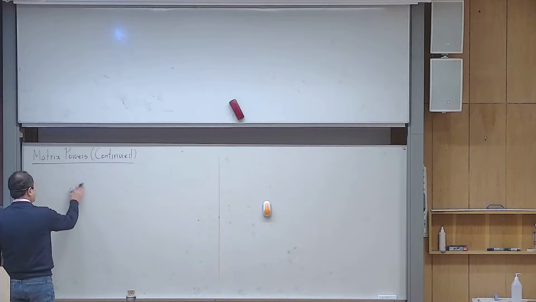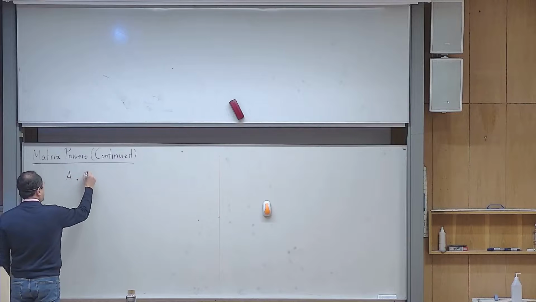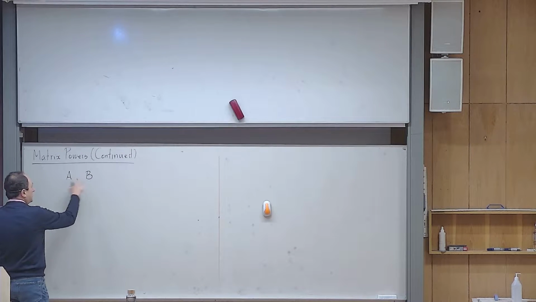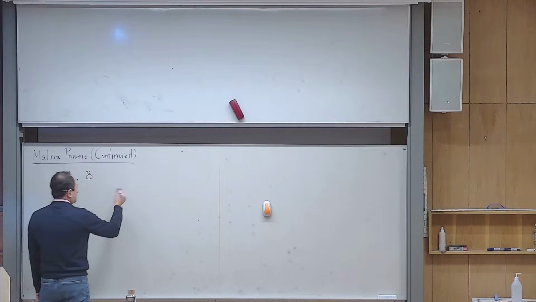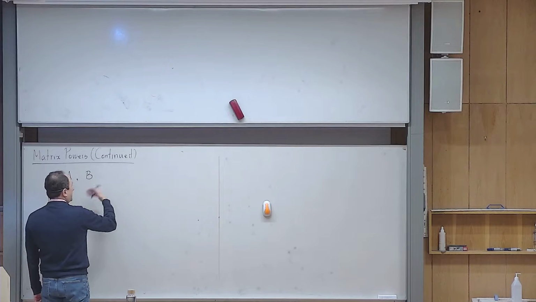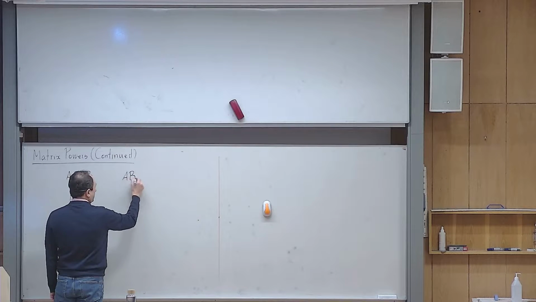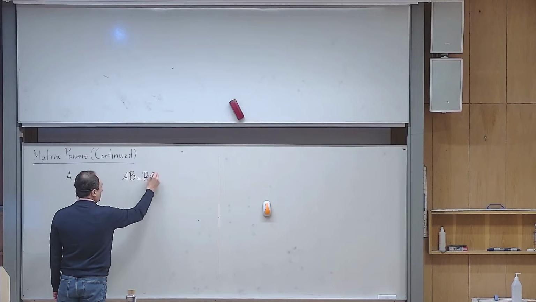Let me tell you what I mean. I mean that if you start with two matrices, A and B, so that you know that they commute. So you know that if they commute, they have to be square matrices of the same order, otherwise this cannot happen. So we know that.